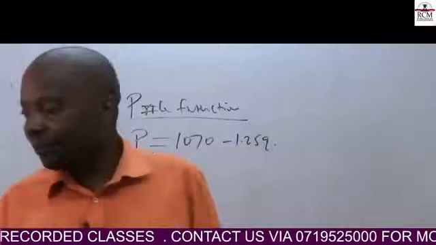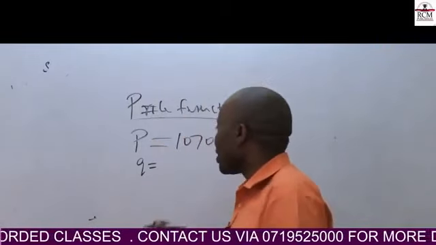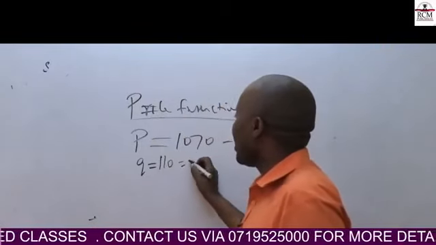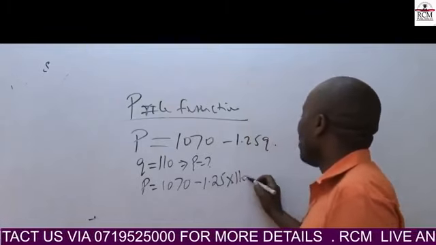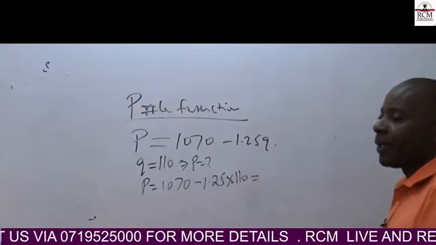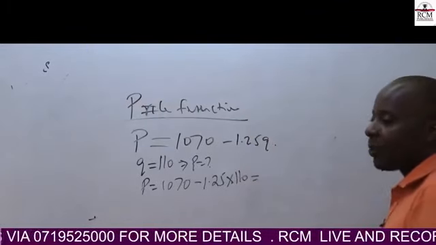So when demand is 110 toys, when Q is 110, what will be the price value? The price will be 1070 minus 1.25 times the quantity, which is 110. So 1070 minus 1.25 times 110 will be equal to what here, somebody?